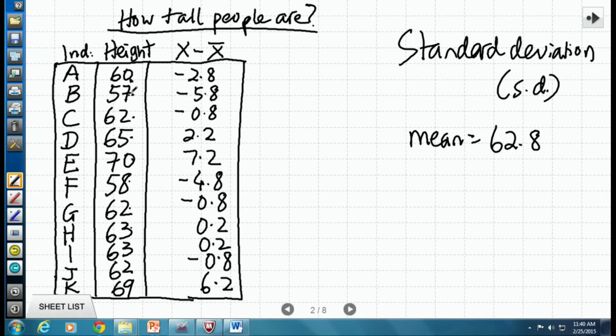Alright? Now to calculate the standard deviation, we will need to multiply this to the power of 2. Square them. Right.